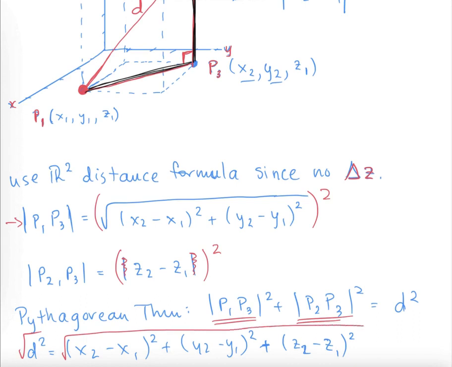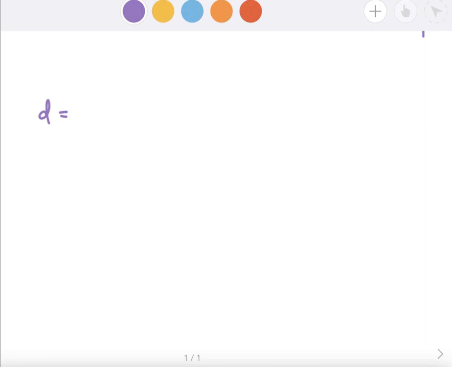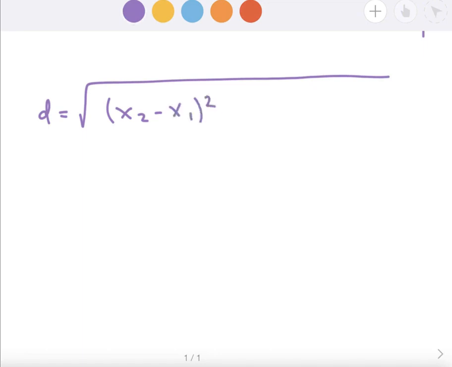So our distance formula in three-dimensional space is just going to be exactly what we were hoping it would be, which is x2 minus x1 quantity squared plus y2 minus y1 quantity squared, which is our 2D distance formula. And then all we have to do for the 3D distance formula is add on z2 minus z1 quantity squared, and there we have it.